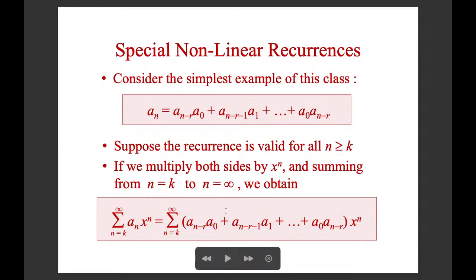This is a_0 a_{n-r}, a_1 a_{n-r-1}, and so on. So how do I get a term like this? This term is easily obtained when we multiply the generating function a(x) with itself. When you multiply a(x) with itself, this term will be the coefficient of x to the power n minus r inside the product a(x) squared. So this is also a term related to a(x). It's not just simple a(x), but it is a(x) squared.